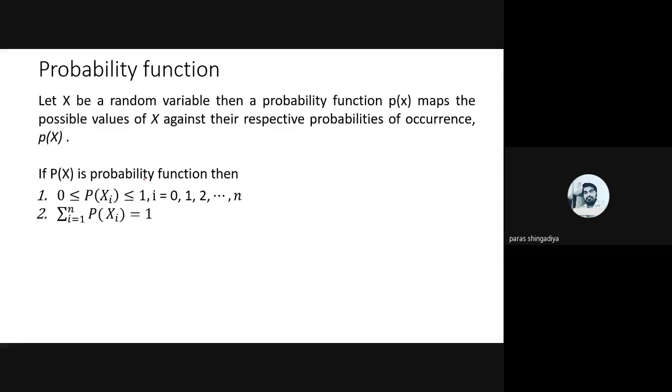So in the previous example, we considered this table as a probability distribution, x equal to 0, 1, 2, 3, and here we check the probabilities: 1 by 8, 3 by 8, also 3 by 8, and 1 by 8. Clear? So what is the first condition to say it is a probability function?